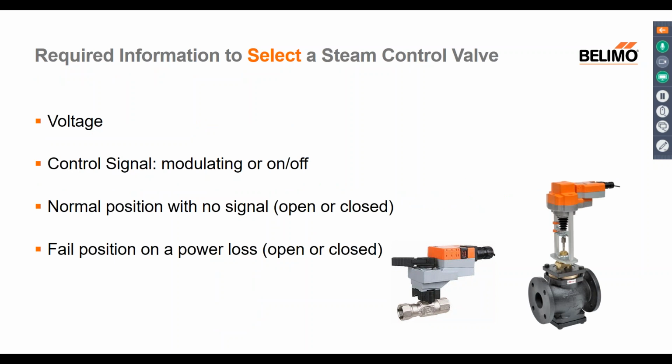The normal position: if the valve loses the control signal, do we want it to open or close? The fail position is if we lose the power, do we want the valve to open or close? And very important, this is a rule of thumb, we've always said heating open, chilled water closed.